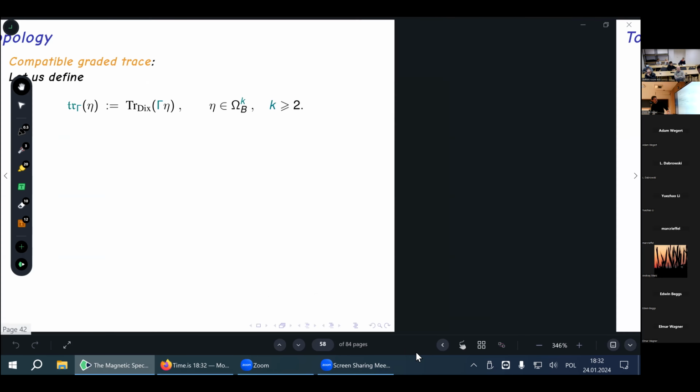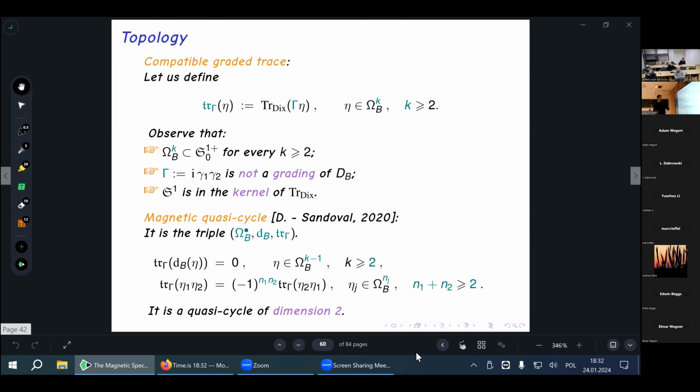But when I compute with the trace, they do exactly the right things. My integral, which is the Dixmier trace times this gamma, automatically cancels the error. Yes, but if you divide by this S1, you obtain a graded closed trace.